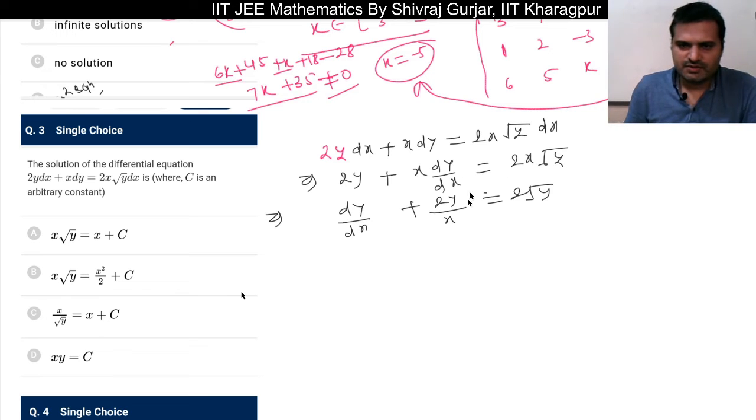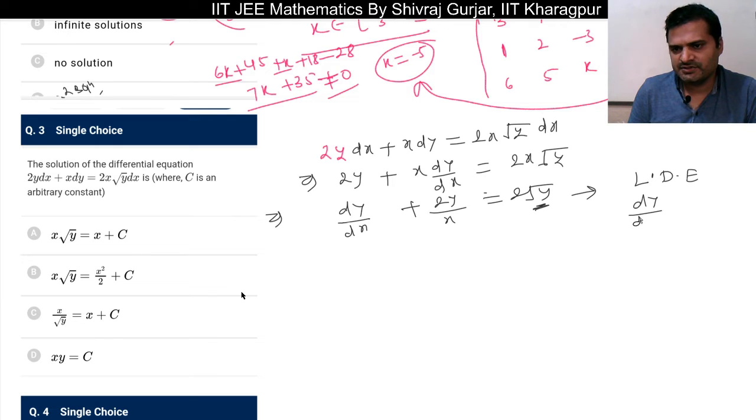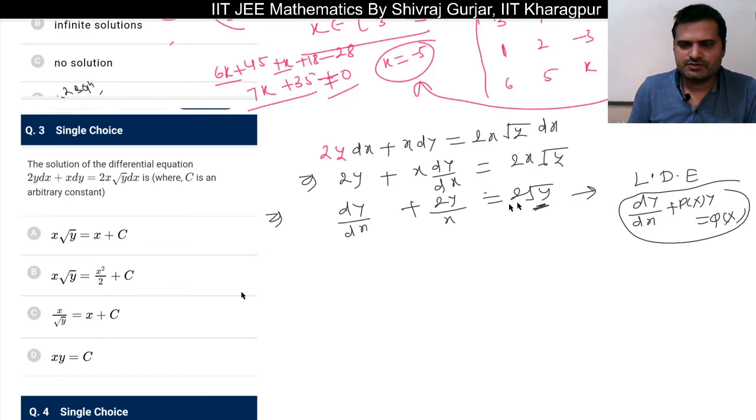Now if we see, this can be converted into the linear differential equation of the form dy by dx plus p(x) y equals q(x). So for that we need to divide this equation by root y.